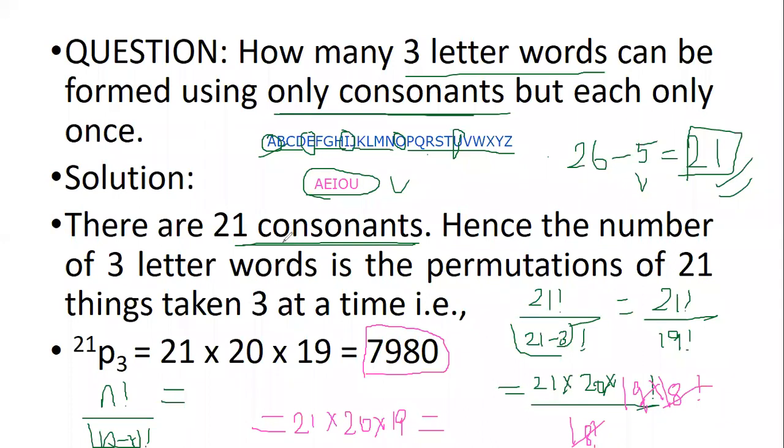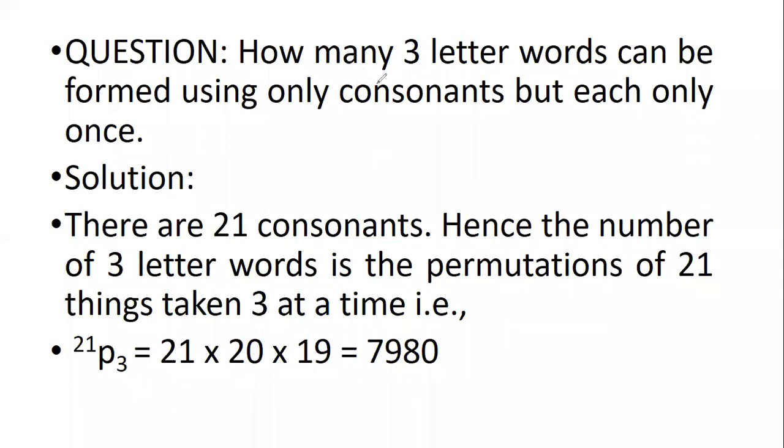So using 21 consonants, you can make 7,980 three-letter words. Understood? Everybody understood? Any doubts?